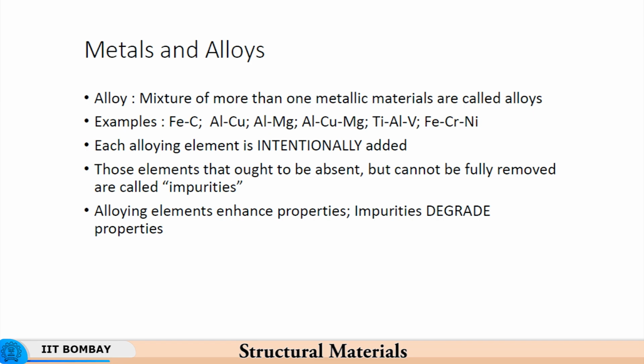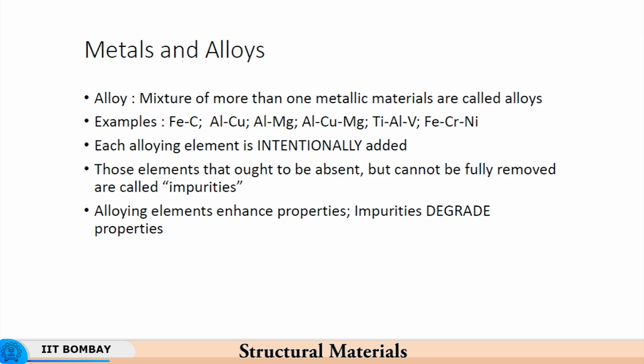For example, manganese is also added to iron. So if you take iron and carbon, and additionally add manganese, the sulfur which is present as an impurity gets fixed, meaning it reacts with manganese, becoming manganese sulfide, and then the deleterious effects of sulfur being present are reduced.